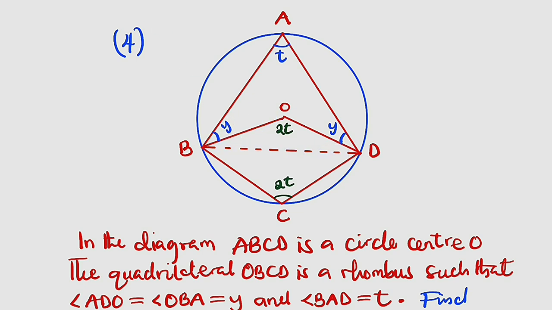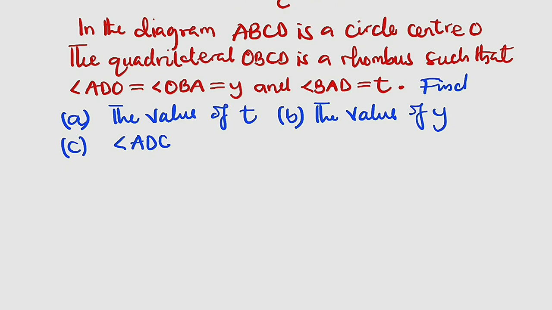So if we call this one X, this will have to be equal to X. And since this line divides the rhombus into two equal parts, this angle and this angle are the same. So the chord divides the rhombus into two. Therefore, this angle will also be equal to X. This will also be equal to X. So we are done. Now let's start by finding the value of T. That's part A.